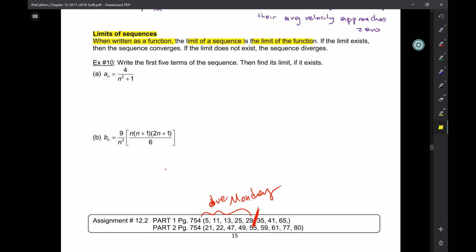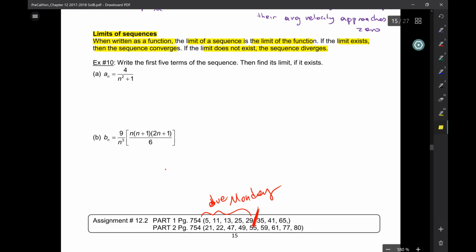And then we did a1, a2, a3, a4, and said they look like they're decreasing to 0, so it's going to converge. So now, if the limit exists, then the sequence converges. If the limit does not exist, then the sequence diverges, right? Because if the limit exists and goes to a certain value, then we're good. But if it goes up indefinitely to infinity, then we have no clue.